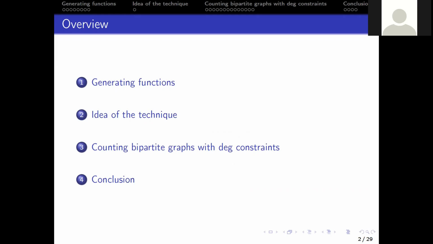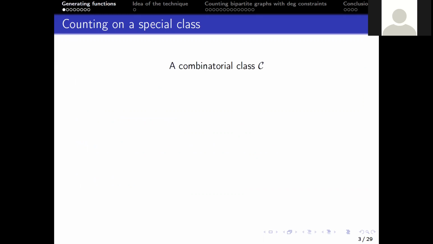So let's start. First, we need to define what we mean by counting something and enumerating something. And we are going to do it on a special example. So we are considering a combinatorial class C. And a combinatorial class is just a special type of objects.